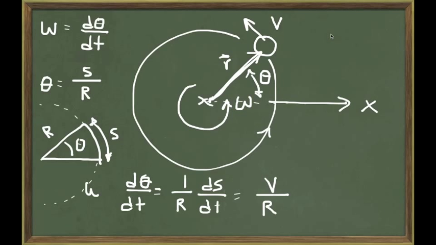Since we call d theta dt omega, then the connection between v and omega is that v is equal to omega times r. So any object that moves in a circle has a tangential velocity that is equal to the angular velocity times the distance at which the object is spinning from the center of rotation.